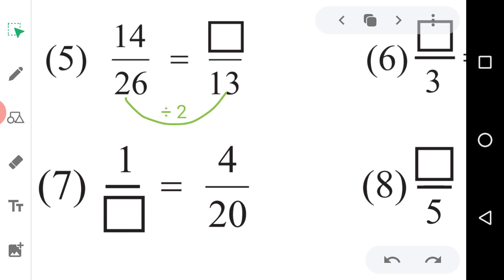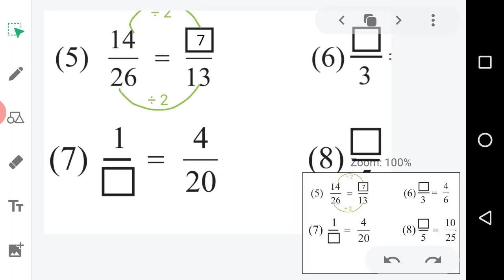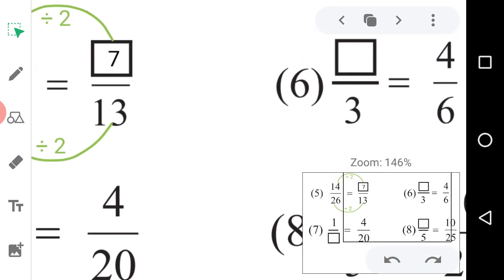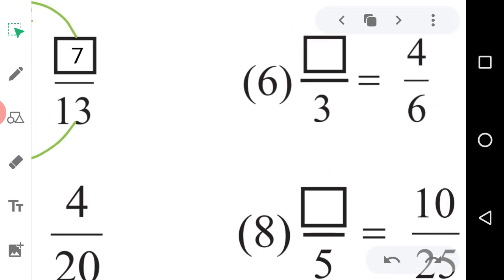So here we need to divide 14 by 2. 14 divided by 2 is 7. So here we get the equivalent fraction 7 upon 13.